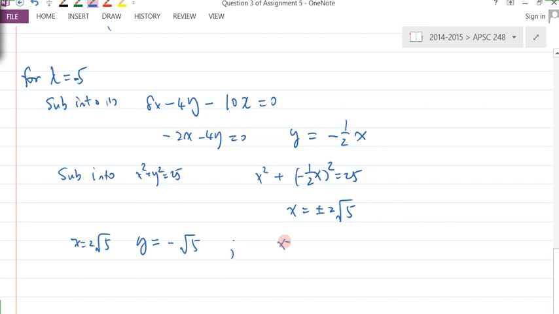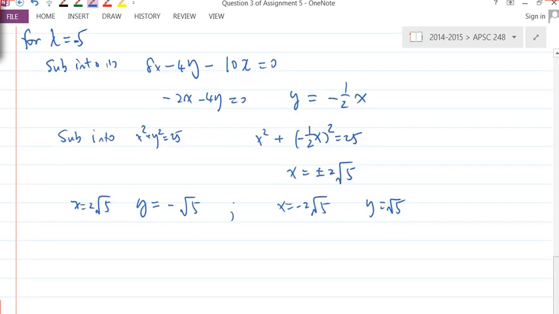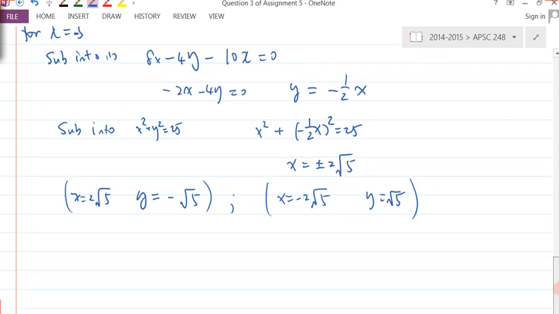And when x is negative 2 root 5, y equals positive root 5. So essentially we have another pair of locations which are stationary. Then the last step is to substitute the values.